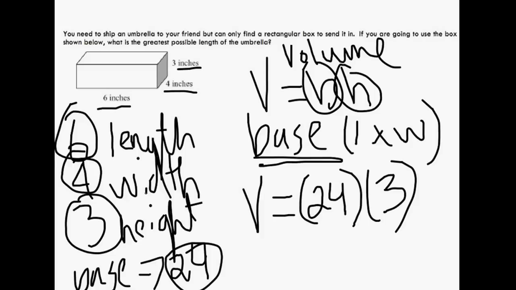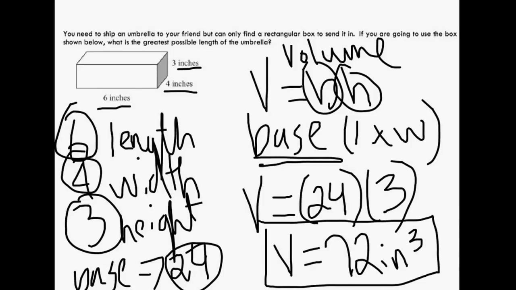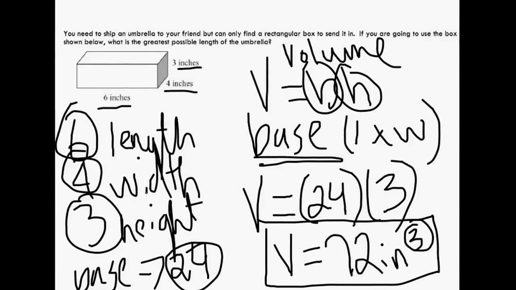And if I do that, I come out with V equals 72 inches cubed. And it's cubed because volume is always cubed because these shapes are 3D. All right, let's go on to another example.